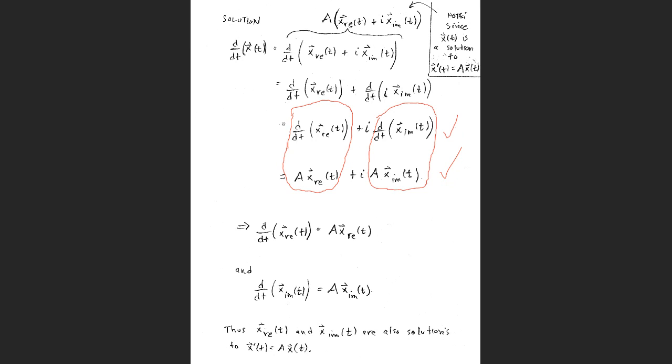It has to. There's no other choice, right? Because the two vectors are equal. Well, this shows then that x real and x imaginary are solutions to our linear system of differential equations.